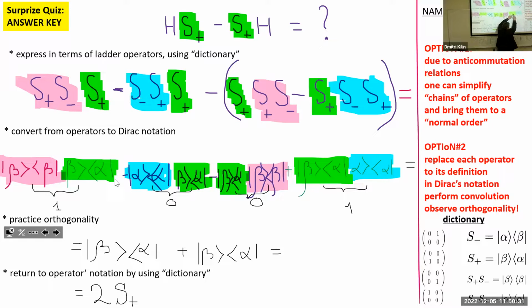And here alpha alpha will be 1. Here you have one plus, one minus, here another minus. Minus times minus will be plus. And then on the first and last term, we skip this part here, so it will be beta alpha plus beta alpha. And beta alpha, now we convert back using the dictionary, it will be S plus, right?